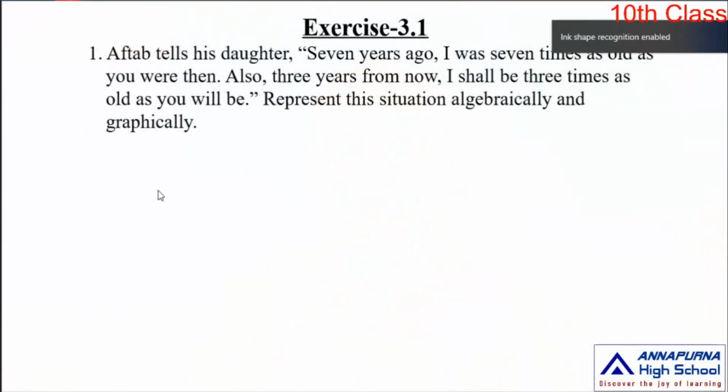Aftab tells his daughter, 7 years ago I was 7 times as old as you were then. Also, 3 years from now, I shall be 3 times as old as you will be. Okay, represent the situation algebraically and graphically. Once again, read that question.